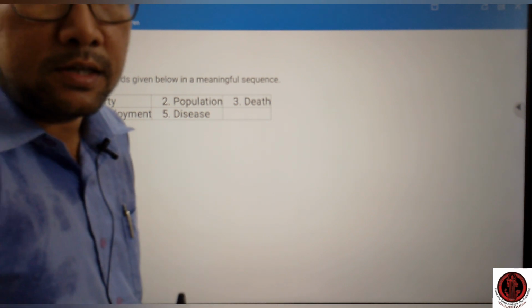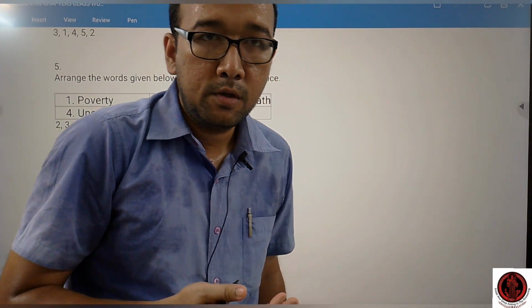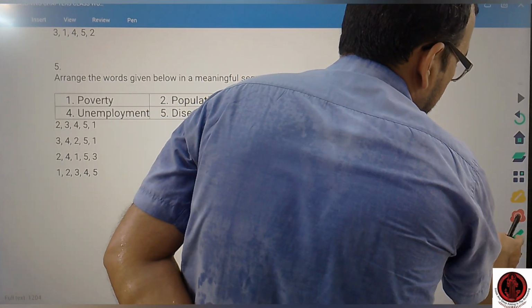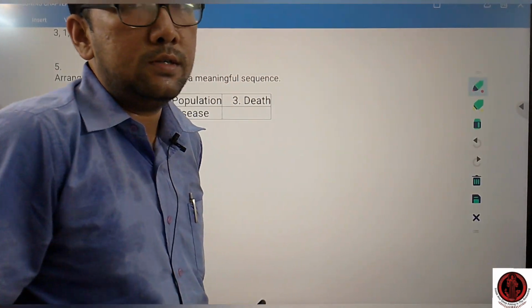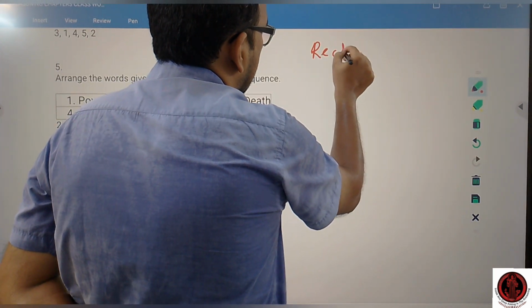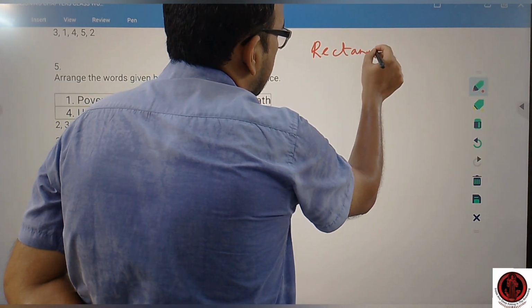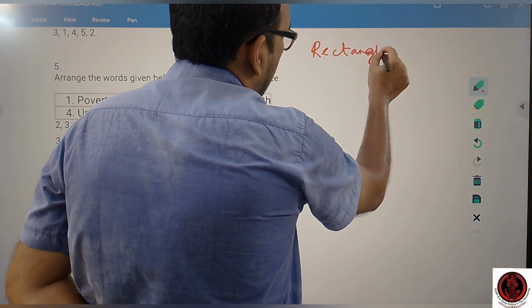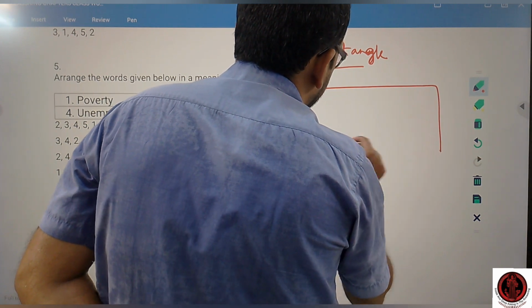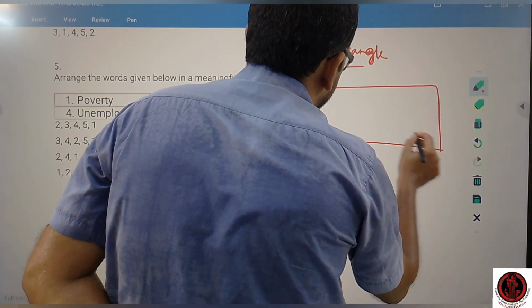Now one more chapter is there, that is figure counting. In figure counting, 3 types are there. One is rectangle based. Suppose this is a rectangle.